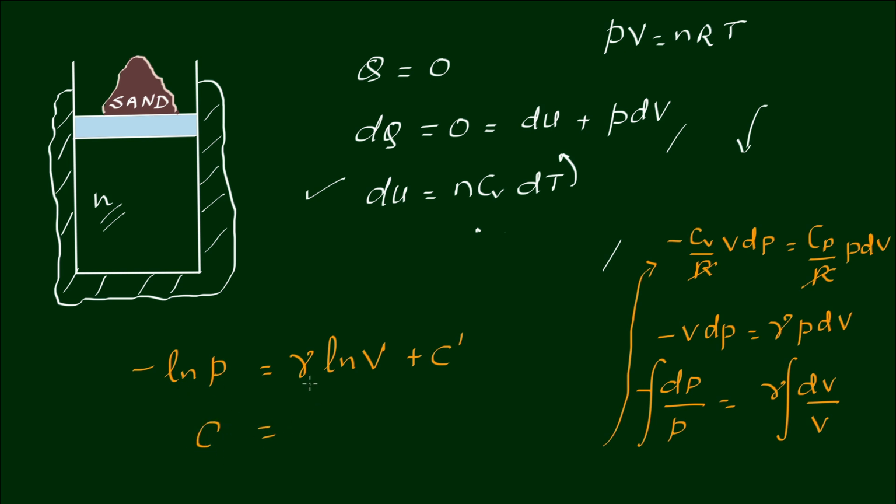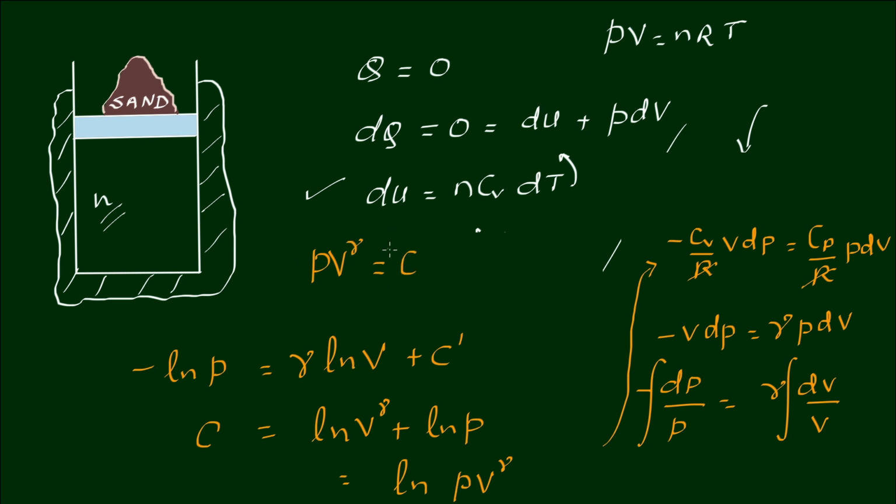That is equal to gamma ln V, which is ln V to the power of gamma, and bring ln P that side, plus natural logarithm of P. Now you know that log a plus log b is log of a times b. So the right hand side is log of P V to the gamma, that is constant. So from this, we get the equation for an adiabatic process, which is P V to the power gamma is constant.